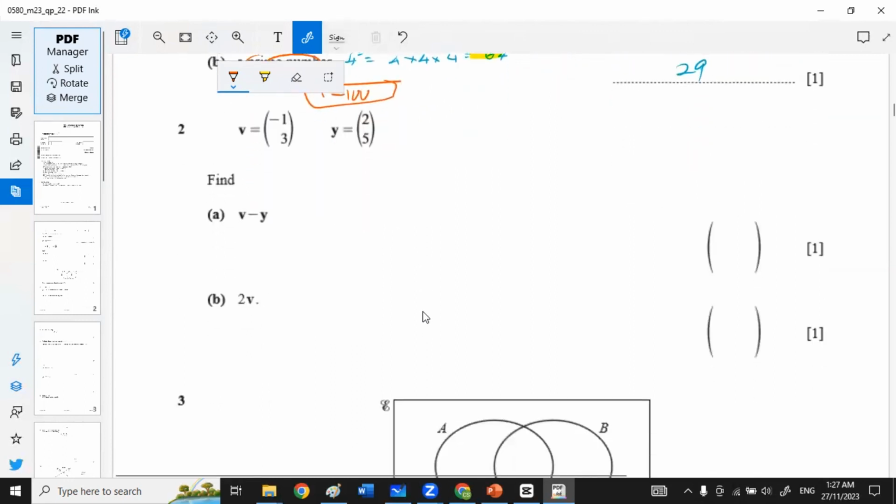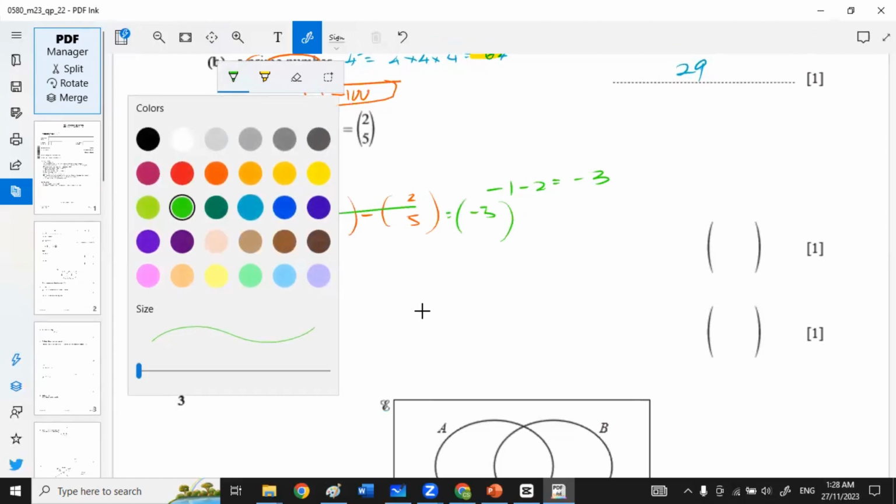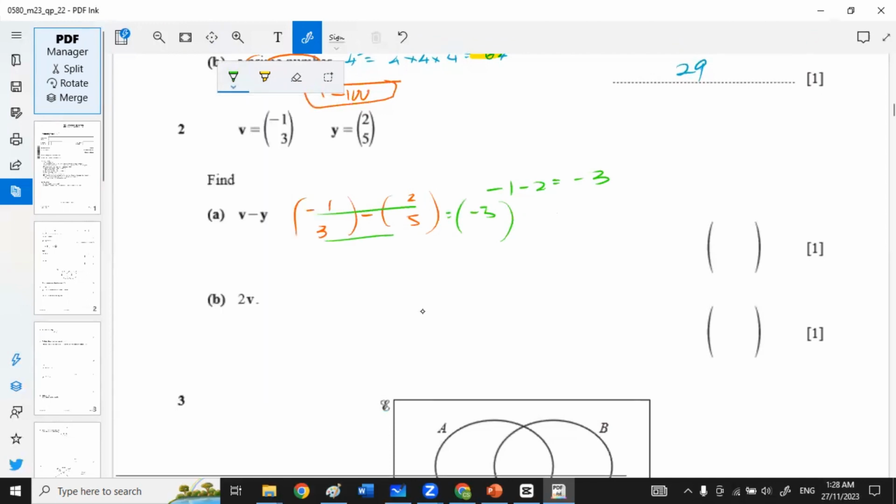Question number 2. This is a vector, so you want to minus. V is (negative 1, 3), minus Y is (2, 5). So just do it one by one. Negative 1 minus 2 equals negative 3, and then 3 minus 5 equals negative 2.